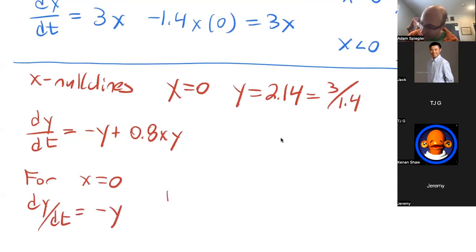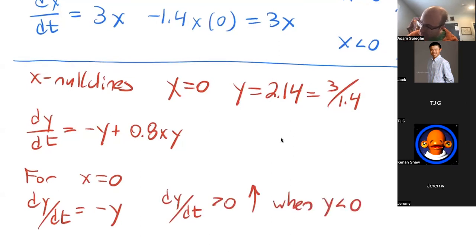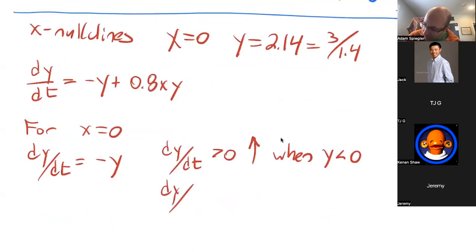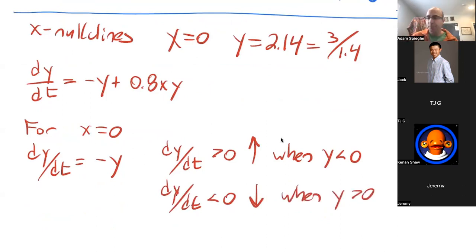So dy/dt is positive, and vectors are going to point up, when y is less than 0, and dy/dt is less than 0, vectors are going to point down, when y is bigger than 0.